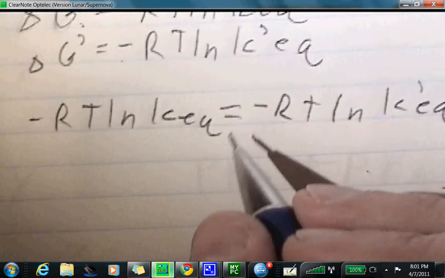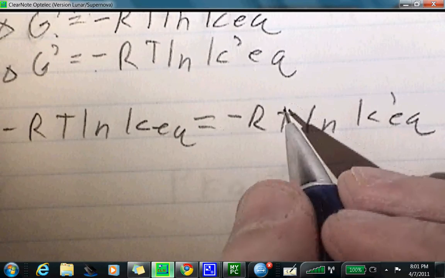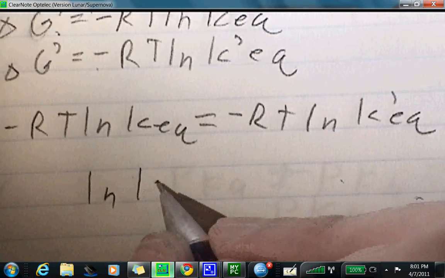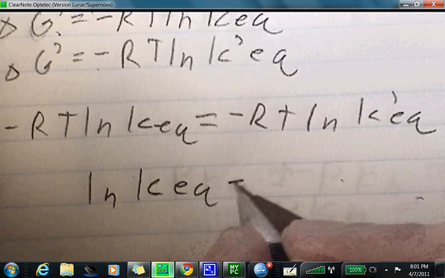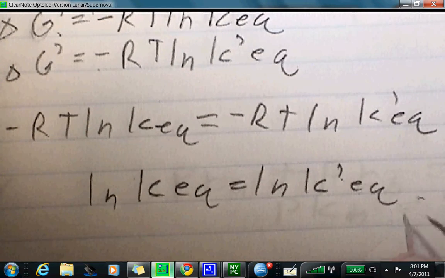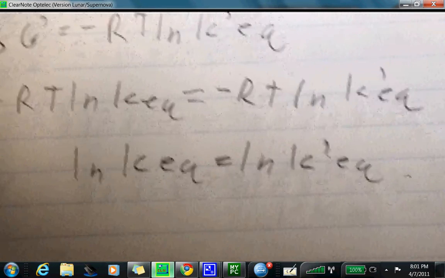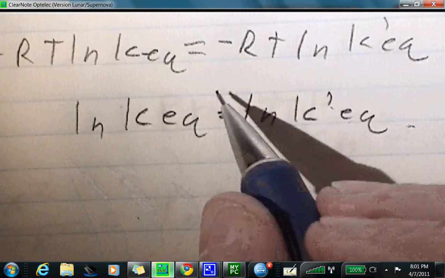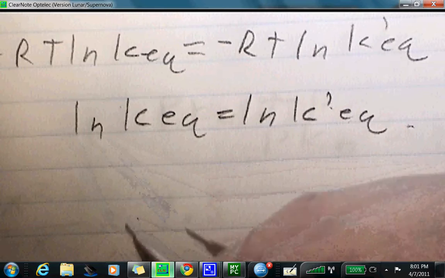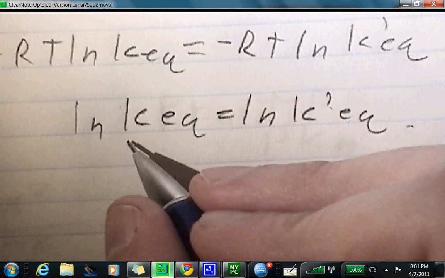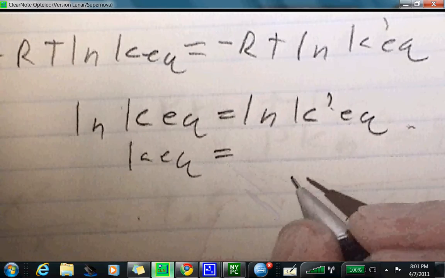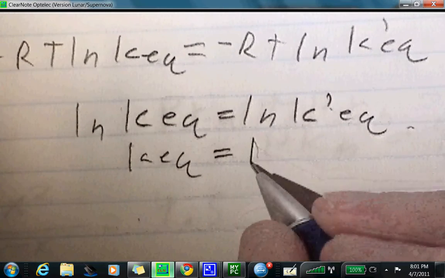Now we can divide by negative RT to get rid of that, so we're left with ln Keq equals ln K prime eq. And we can do this all without doing any calculations whatsoever. Now we can raise both sides to the e power, which gets rid of our natural log. We're left with Keq equals K prime eq.